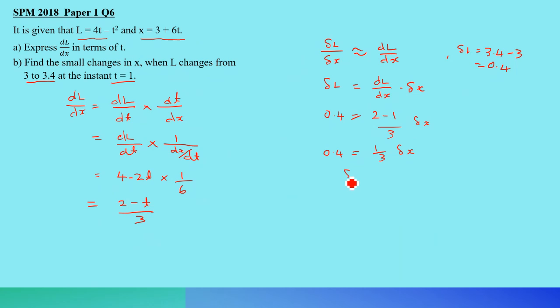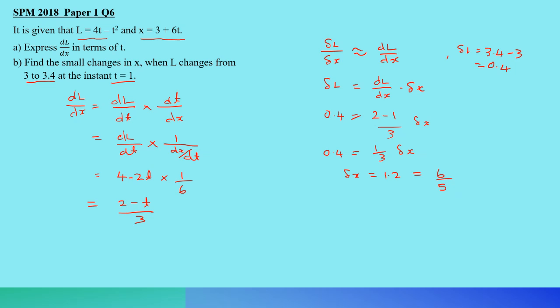Bringing it over, your delta x will be 1.2. If the question wanted a fraction, you can put it as 6/5. So be careful when you work it out in fraction. Okay, so that is your answer.